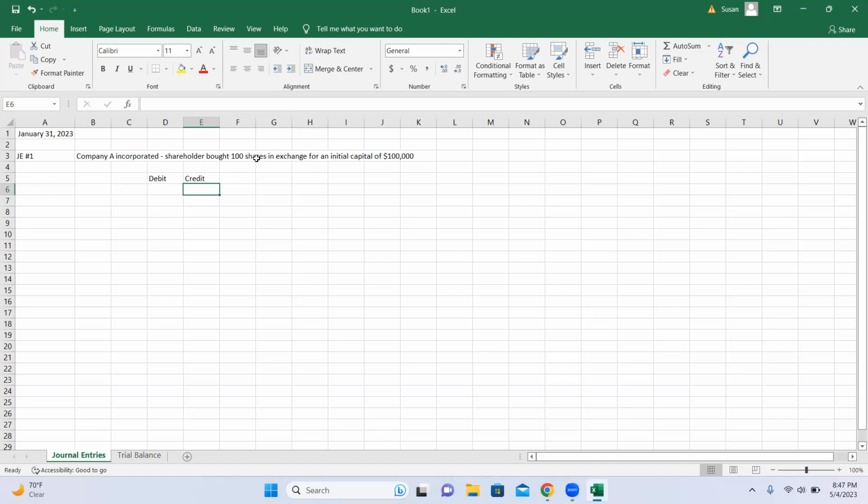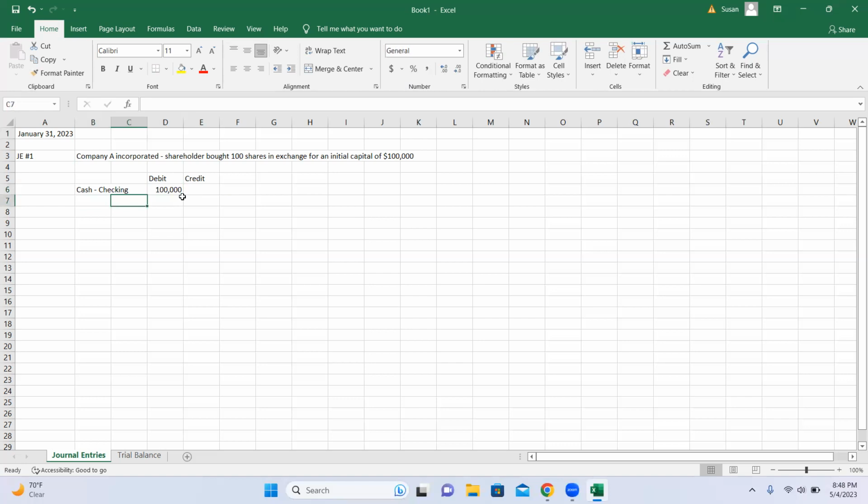And let's assume that they open a bank account to deposit this money, because you don't just want to put it in a drawer. That would not make sense. So let's just assume that they opened up a cash checking account to deposit that $100,000. So for simplicity, I'll put a debit of $100,000 to deposit this money.